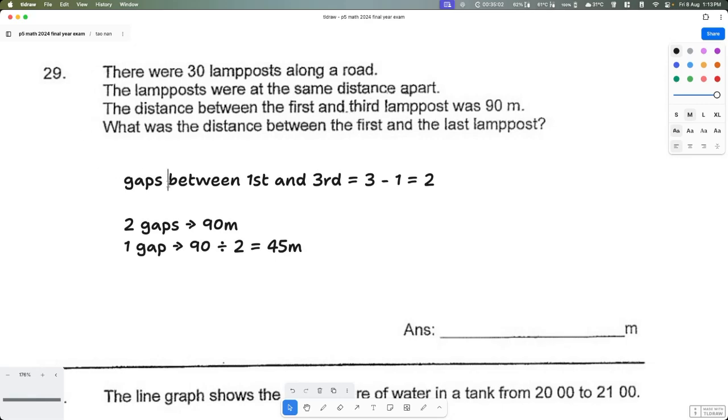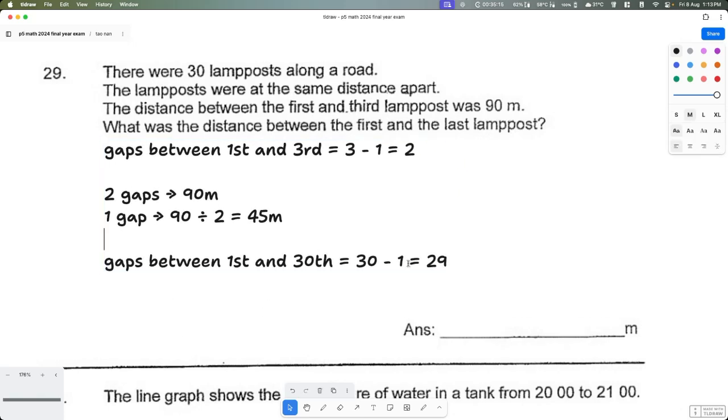So we want to know the gaps between the first and the 30th, not the third, which is basically 30 minus 1, which in this case is 29. So the distance is equal to 29 times 45. A little hack is basically 30 minus 1 times 45, so this must be in brackets.